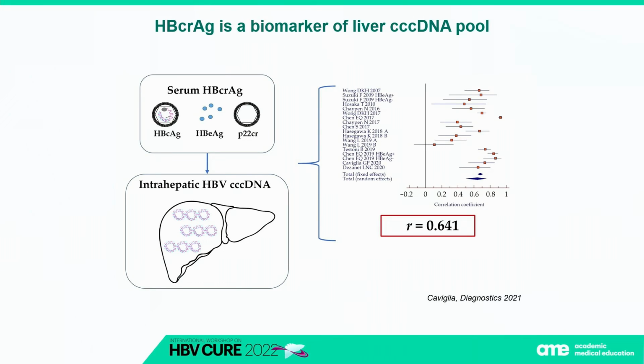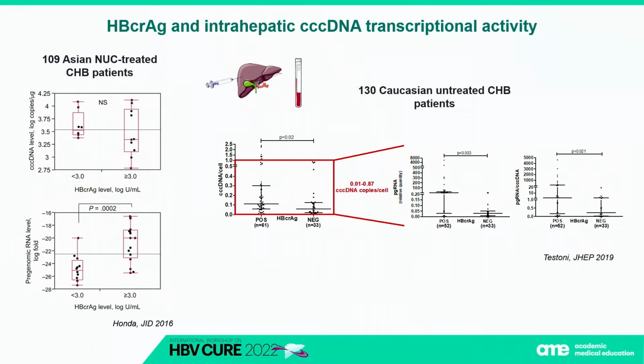So it's clear that correlated antigen is positively correlated to the cccDNA pool in the liver, and it is well summarized by this meta-analysis study. But very few studies looked at the intrahepatic cccDNA transcriptional activity and correlated antigen. The first one was by Honda and colleagues, who showed that in an Asian NUC-treated CHB patient cohort, patients who were positive for correlated antigen had higher intrahepatic RNA, but similar levels of cccDNA.